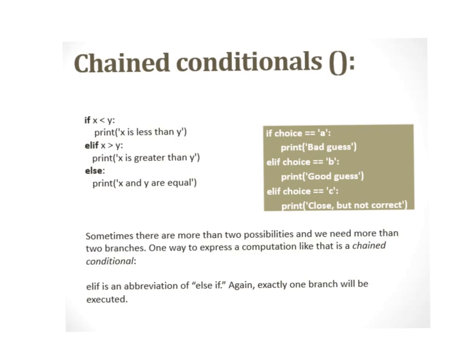Chained conditions. I have used a couple of if else statements, like if x less than y, x greater than y, else I have given a default, x and y are equal. You can see here, if choice equals a, print bad guess; if choice equals b, print good guess, and so on.